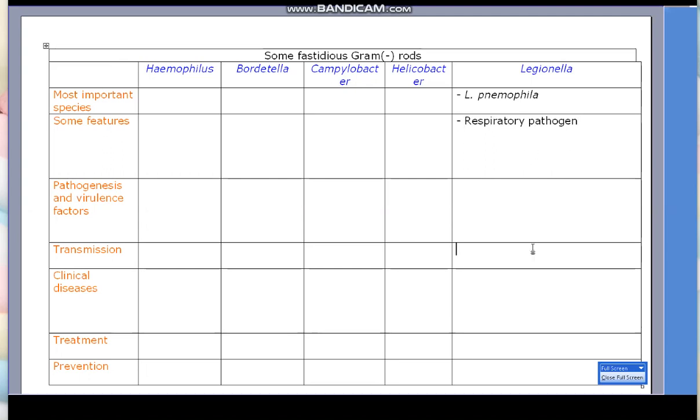But the transmission of this respiratory pathogen is not through droplets. Not droplets. This pathogen, Legionella pneumophila, is not spread from person to person.